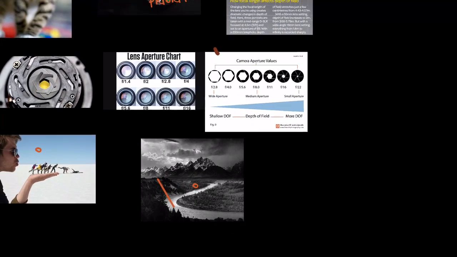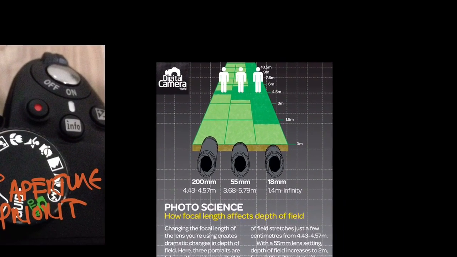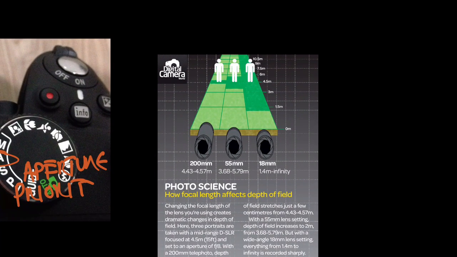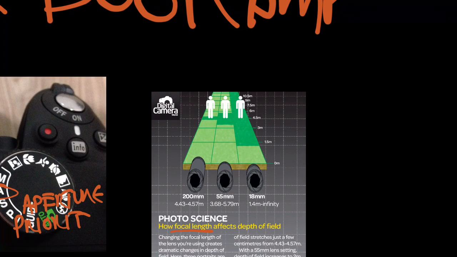Let's see what some other things it can do for us. This is a good diagram here. This is also based on what we call our focal length. It's a combination of the aperture size and what kind of zoom lens we have. But this is really what a big aperture is going to get us: when we set our camera's number to represent the biggest aperture, we're going to get a very narrow focus area.